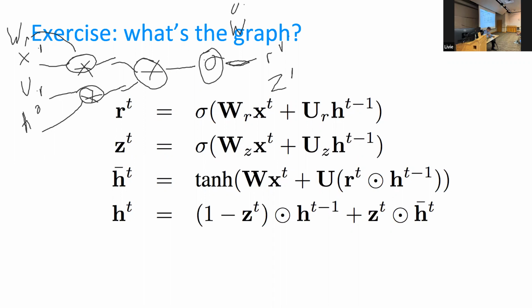Yep, and R1. Okay, so what is going to be the next node of your computation graph here? Okay. So we'll do that. And I think we will probably end with H bar t because we're running out of space on the slide.